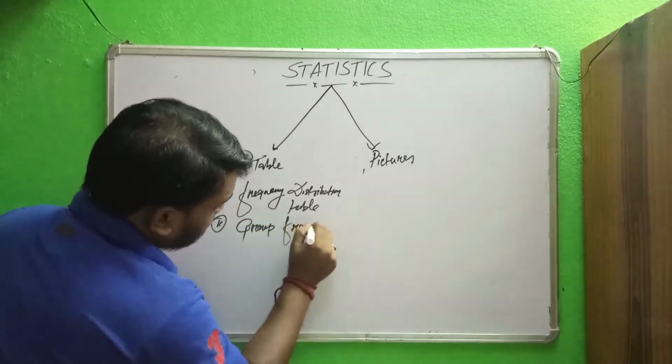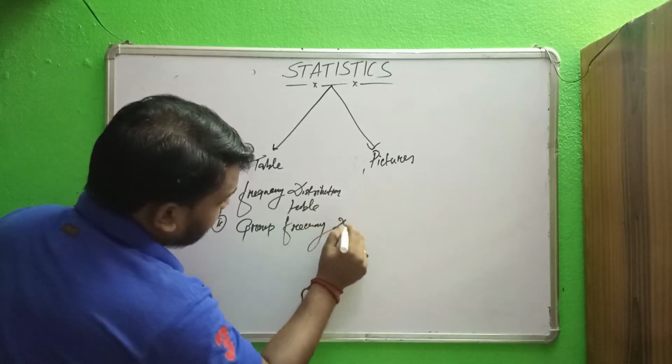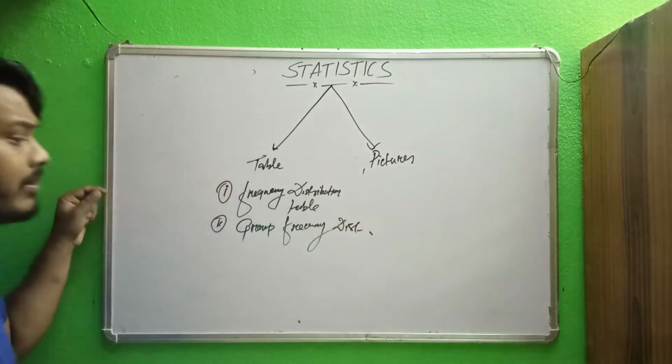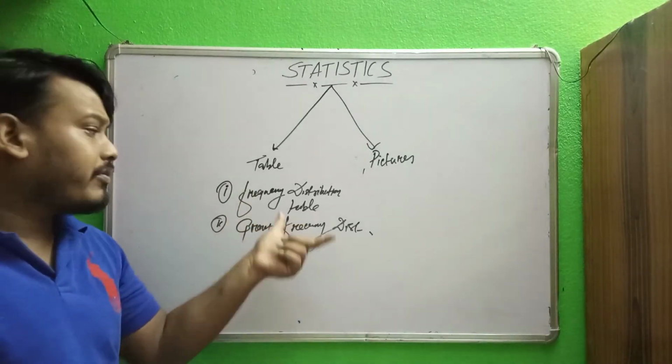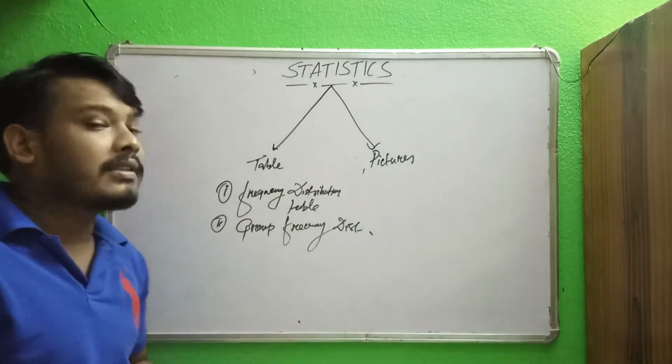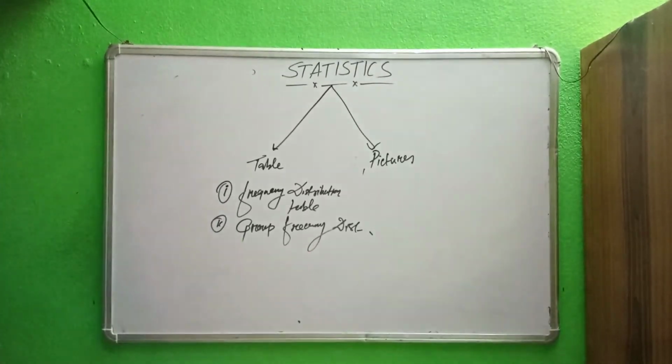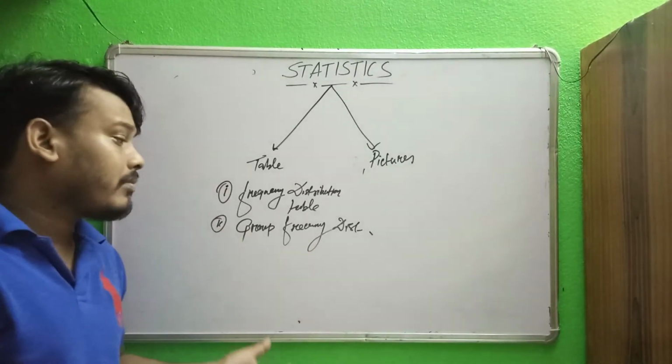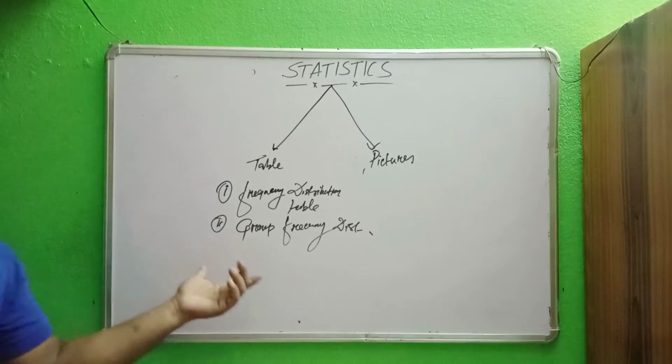In class 9 also, in 14.2, the frequency distribution table and group frequency distribution tables are there, and we have completed that one.